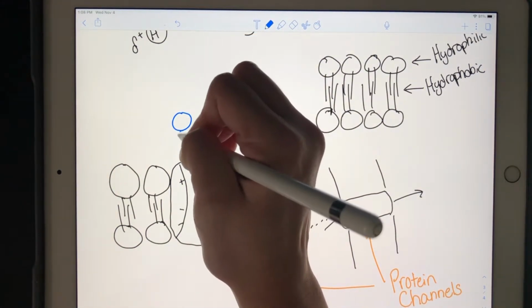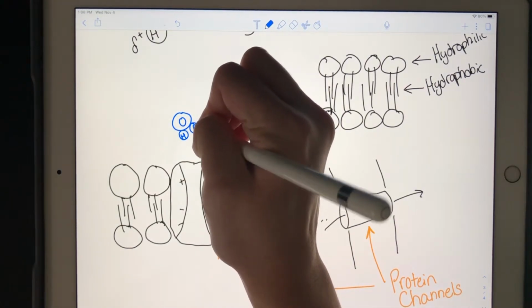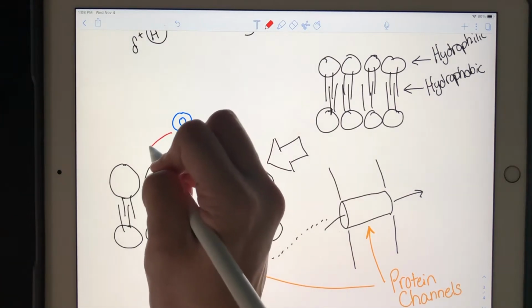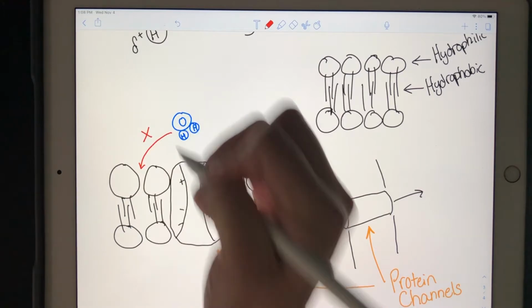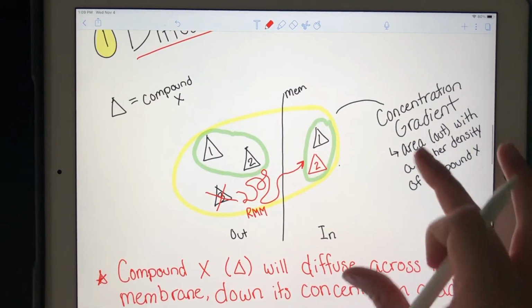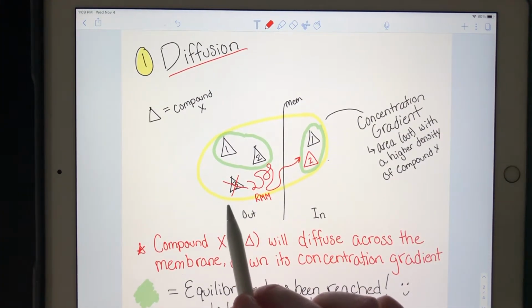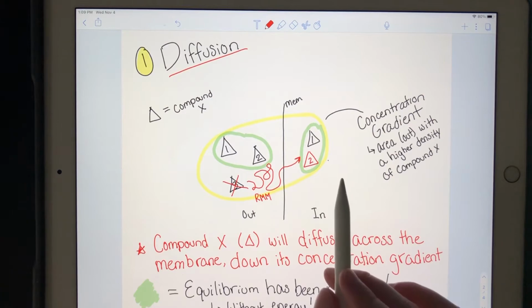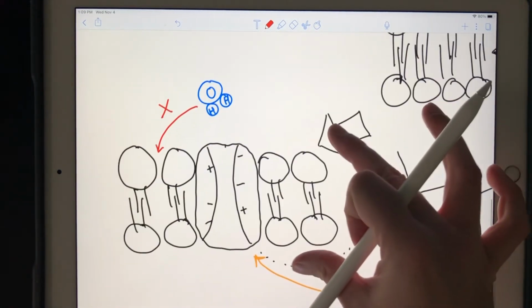I'm redrawing my water molecule to make it look more simplified. And like we said, the water molecule cannot just pass through the membrane on its own. So when we think about the diffusion of water, we can't just say it's like one of these triangles that's going to pop over. Instead, we need a protein channel.